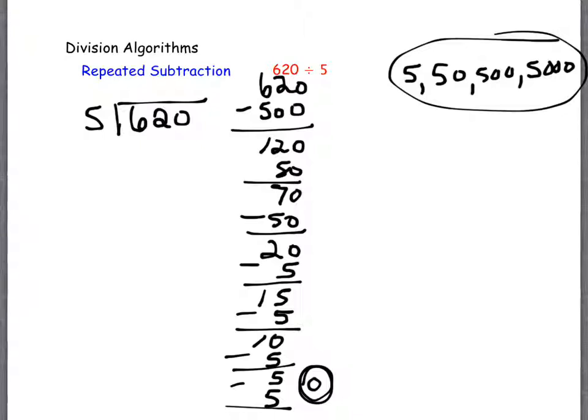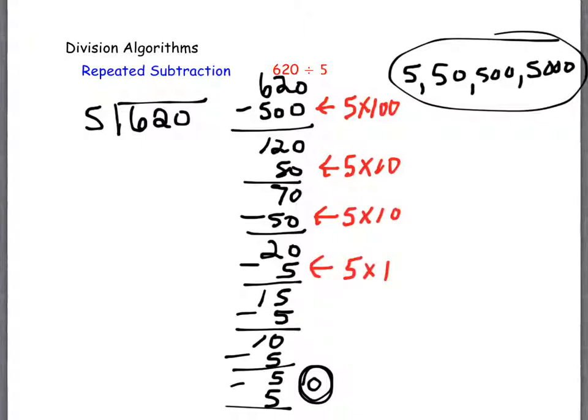So how do we get the answer? Because all that looks great. I just did a whole bunch of subtraction, but what's the answer? Well, if you take a look right here, this was 5 times 100. This is 5 times 10. 5 times 10. This is 5 times 1, 5 times 1, 5 times 1, and finally down there, is 5 times 1.